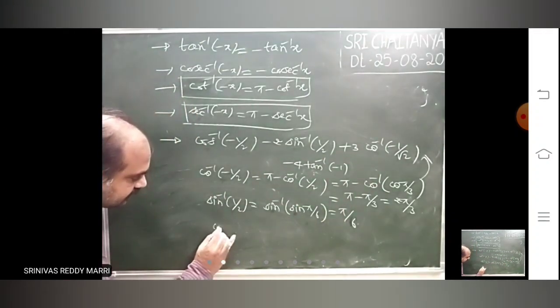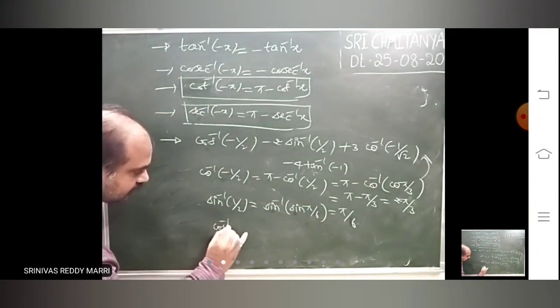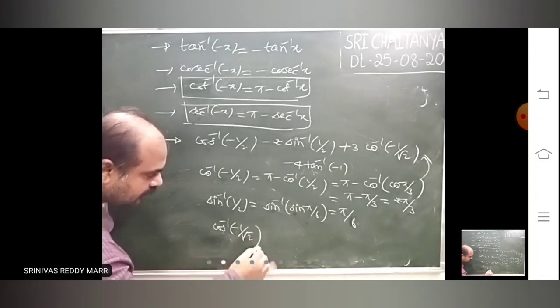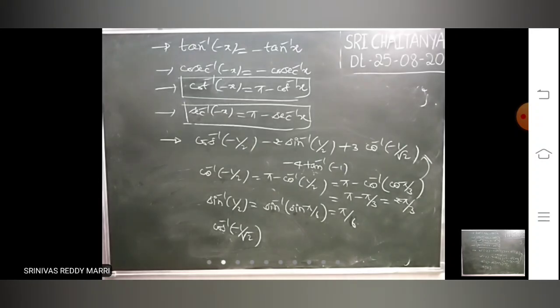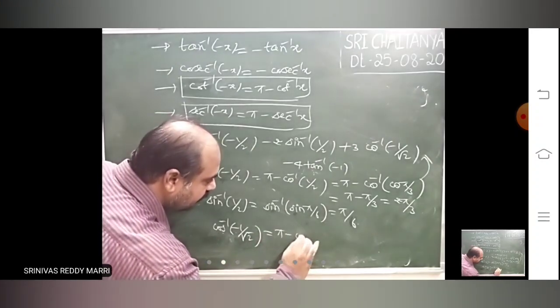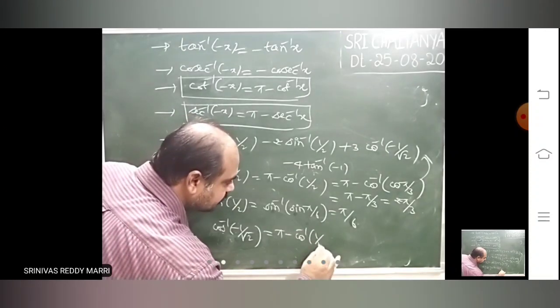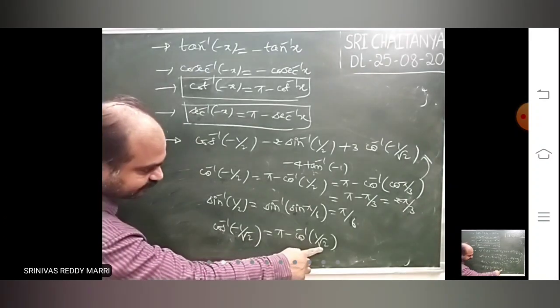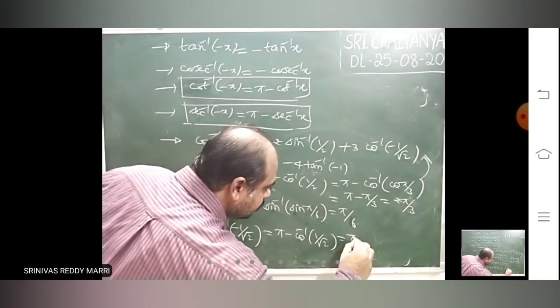Next, cos inverse minus 1 by root 2. What is the cos inverse minus x formula? Pi minus cos inverse x. Pi minus cos inverse 1 by root 2.